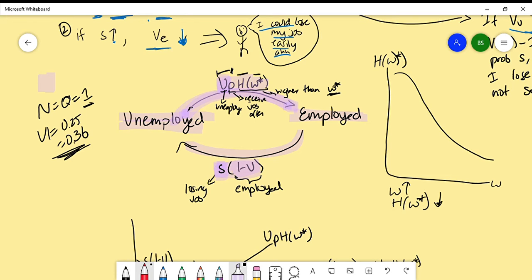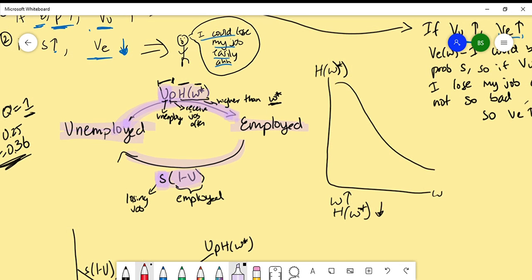Great. Now that we have that, I probably should have done this little graph before, because it'll make more sense. Basically, HW is the probability that the wage is higher than your reservation wage. One thing is that as the wage gets higher, this H gets lower. And why is that?